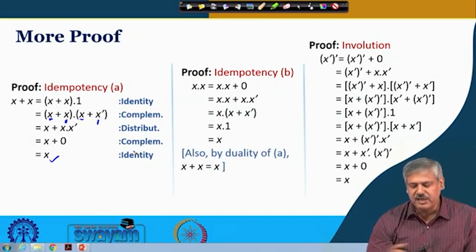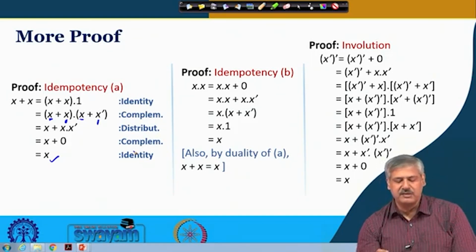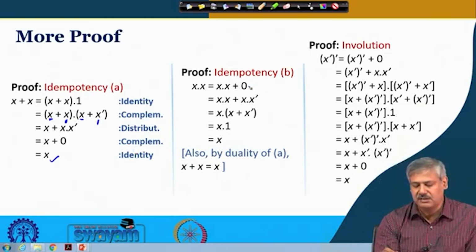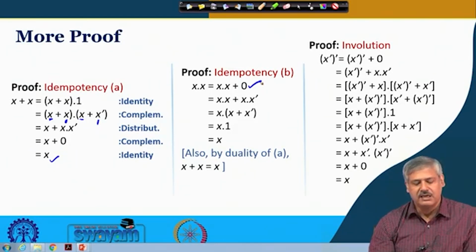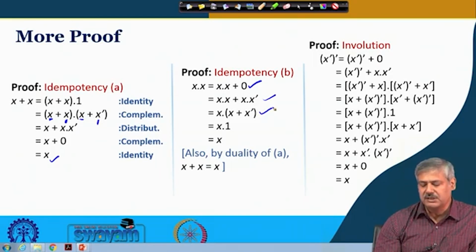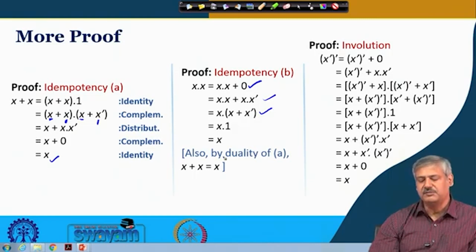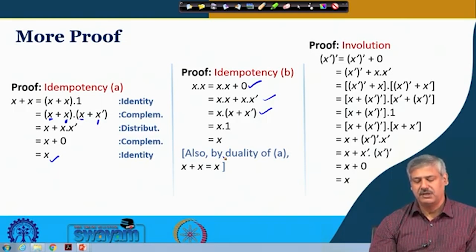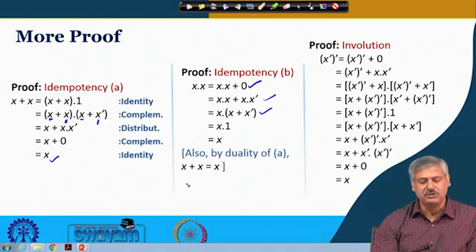Okay. Similarly, idempotency B also you can arrive at starting with using the identity element, okay, then the complementarity, okay, then distributive, the other version of the distributive one, and the complementarity, and then finally the identity element, you can get all the final proof of this, and you can also get it from duality also.